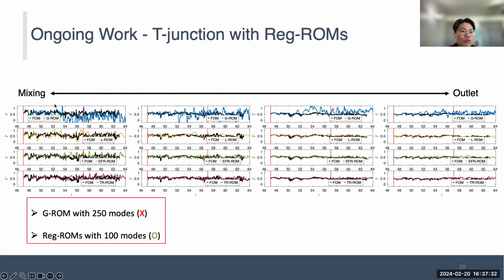You can see that G-ROM, which is the blue here, with 250 modes, is definitely not stable, and it overpredicts; it couldn't capture the temperature history. Whereas with the 3 RegROMs, not only can they reconstruct the temperature history, but also outside the training window, they can capture the temperature behavior. And those are just with 100 modes.